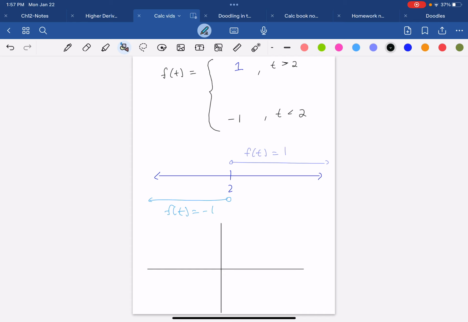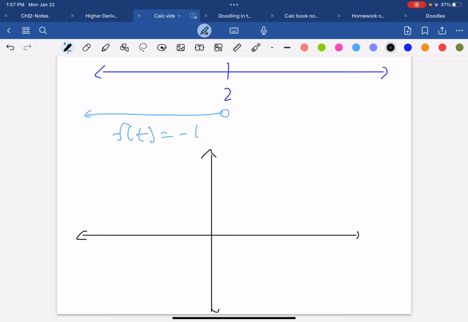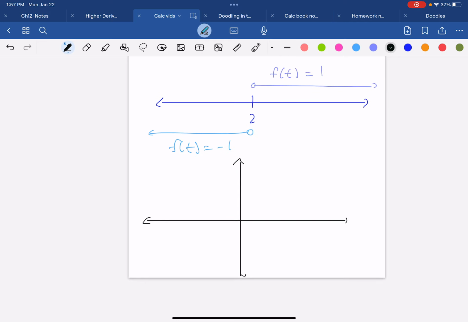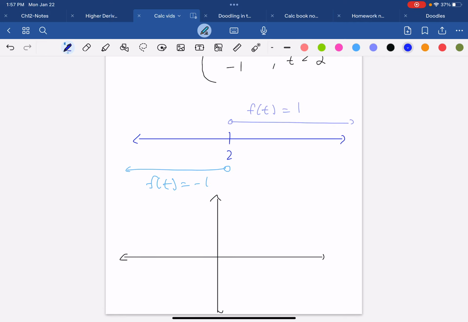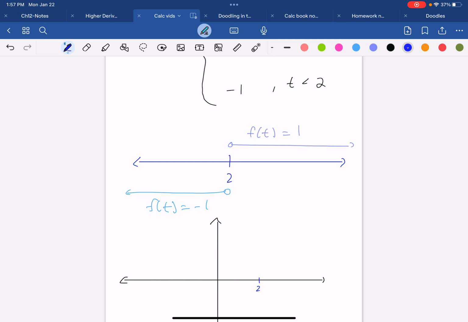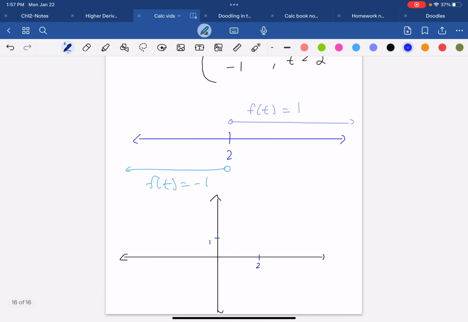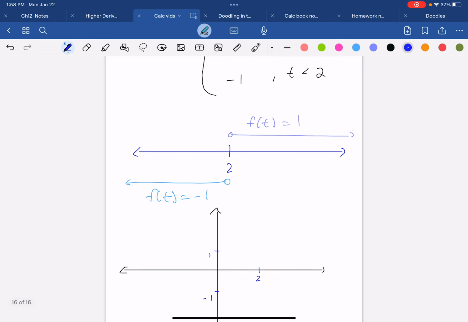So looking at the graph for this, we can use our number line here. We're going to look at the value 2 on our x-axis, and then we're going to look at 1 on our y-axis and -1 on our y-axis.